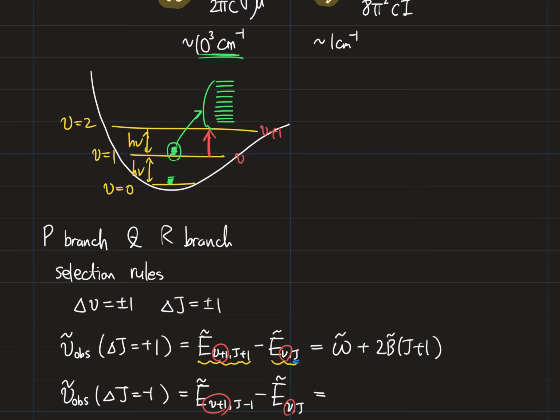We are starting with the J level. So the first set of peaks is the rotational absorption, J to J plus 1.